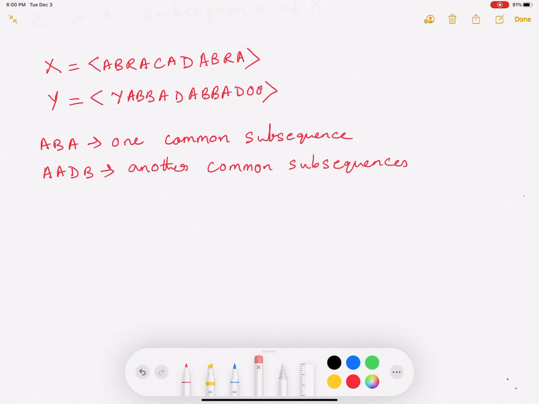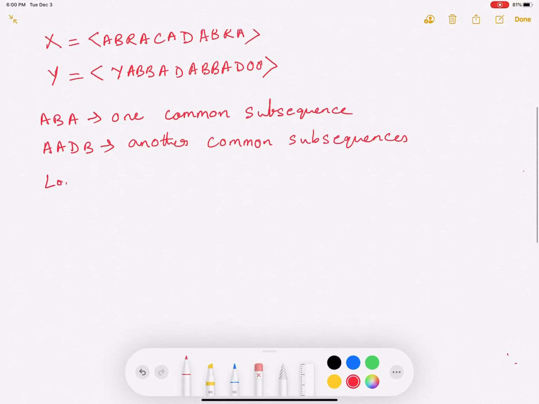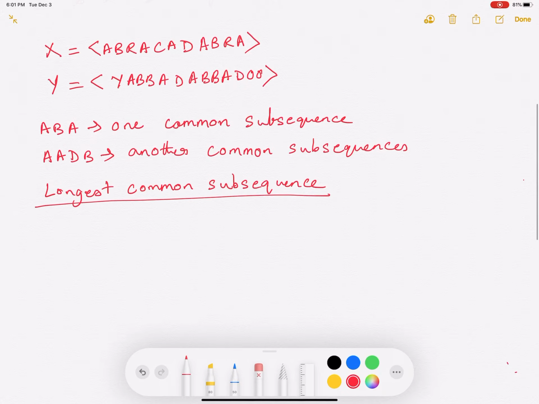Now, our goal is to find the maximum common subsequence, or the longest common subsequence. That's what we are first interested in between x and y. If you consider x and y and try to find the longest common subsequence, that will be Z, which is ABADABA.